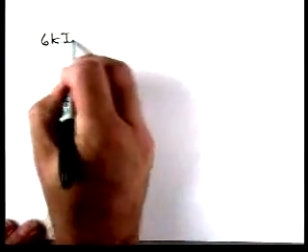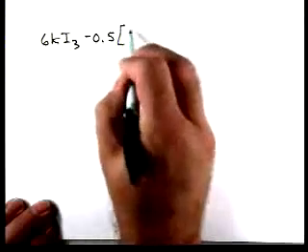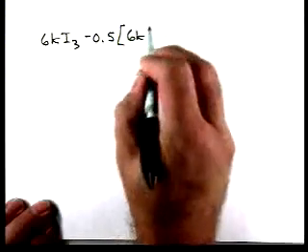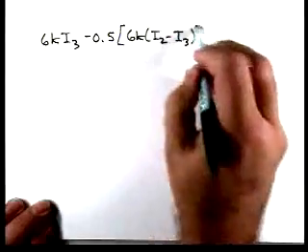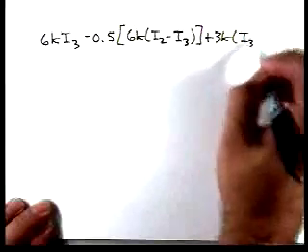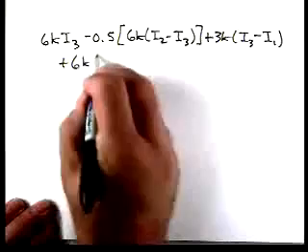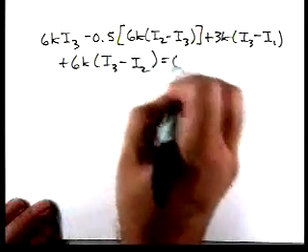We have 6K I3 minus 0.5 times 6K times (I2 minus I3) plus 3K times (I3 minus I1) plus 6K times (I3 minus I2) equal to 0.